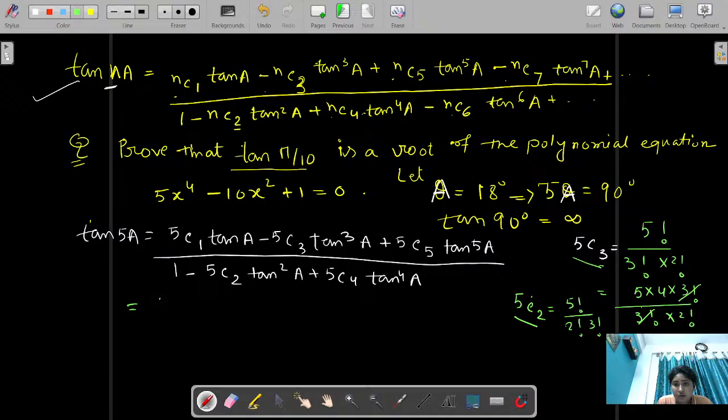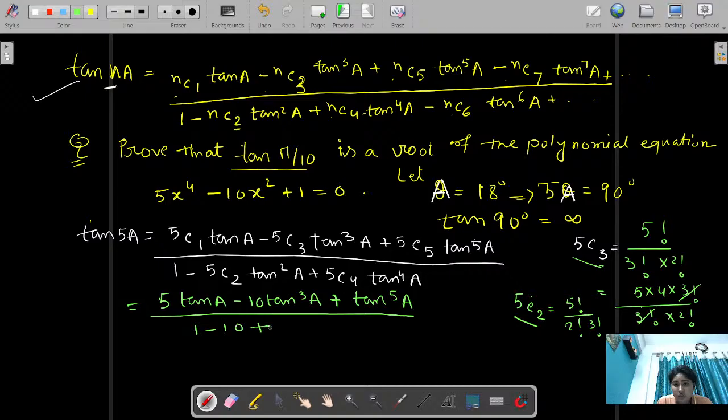And 5C1, you always know, is 5 tan A minus 10 tan cube A plus, this is also 5C5 which is 1, so tan to the power 5A, divided by 1 minus 10 tan square A plus 5C4.